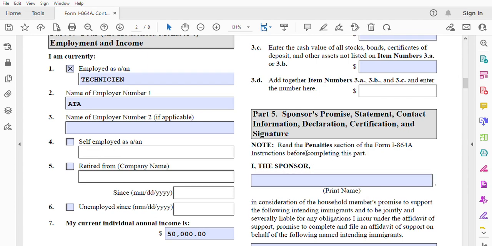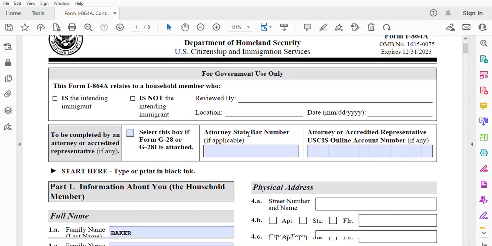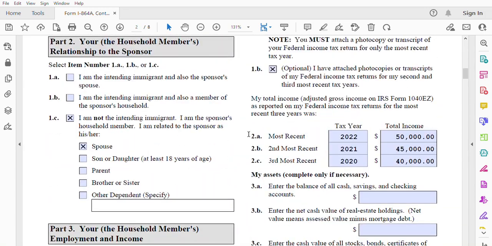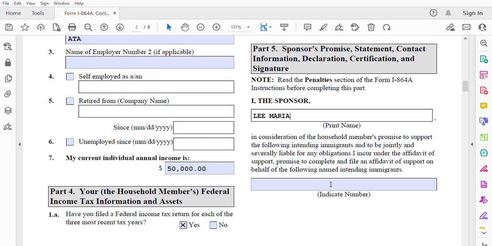So this is the sponsor. Print the name. The sponsor is gonna be Lee Maria. And how many immigrants? It's gonna be 1.